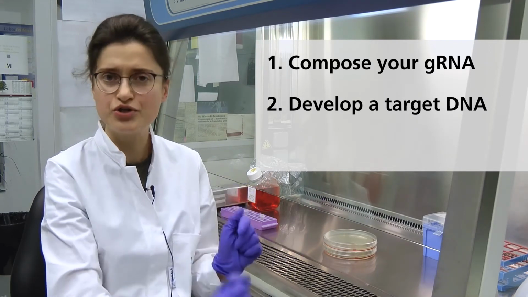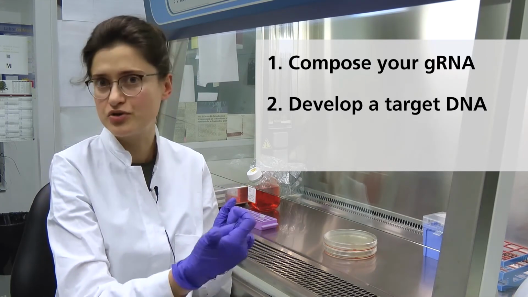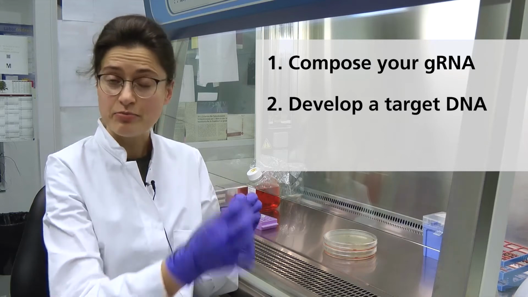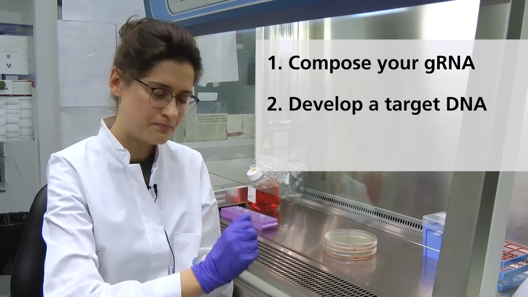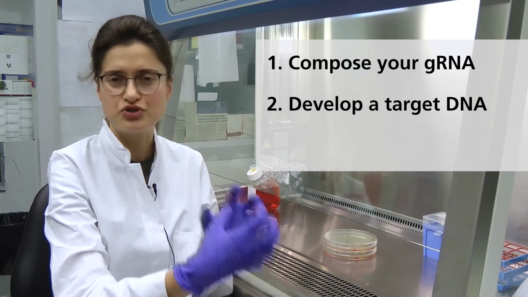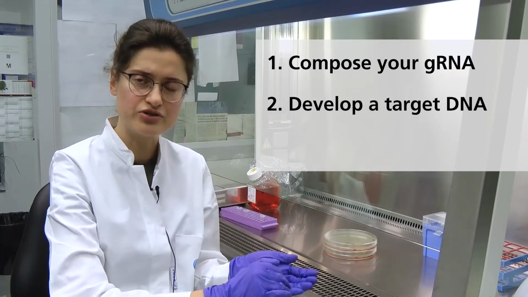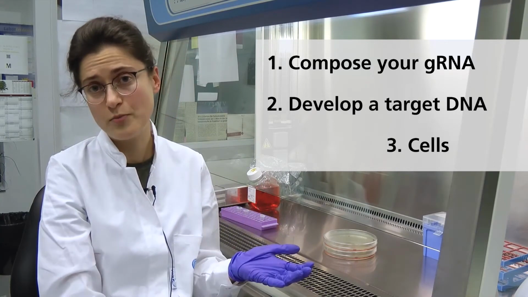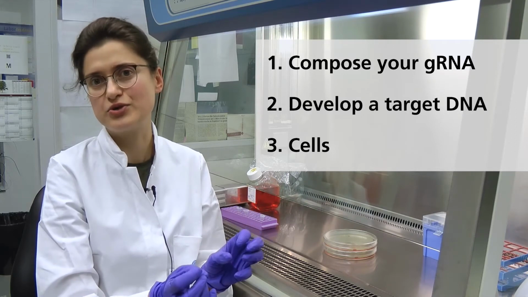So basically what you want to insert. In our case, that's a fluorescent protein, Ameanion green. You have to develop a plasmid which will encode this gene, and then you can, using the gRNA, put it together, using Cas9, make a cut, and it will get integrated in the genome. And the third component, your cells. And now I will show you how we do these things together.